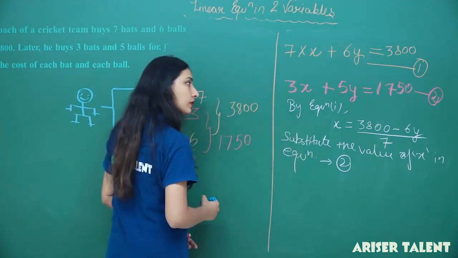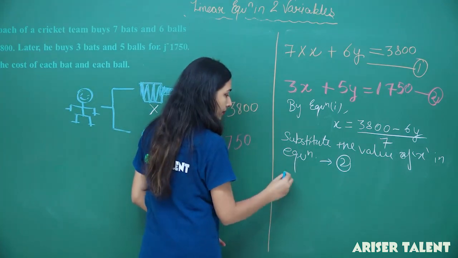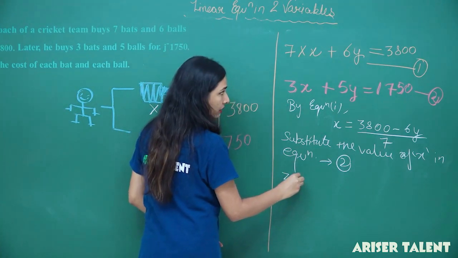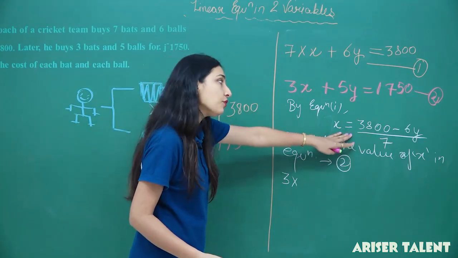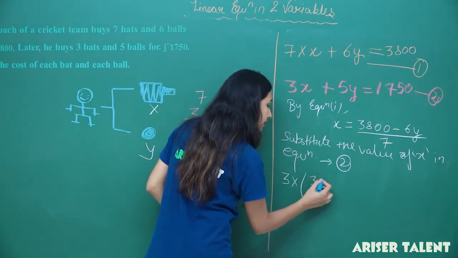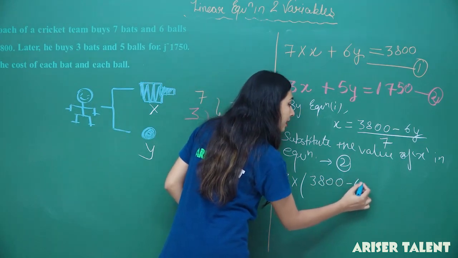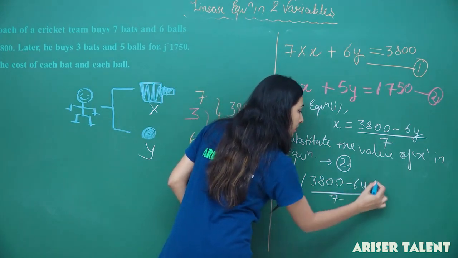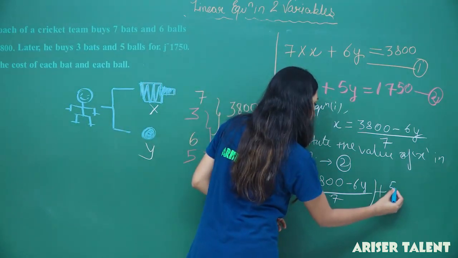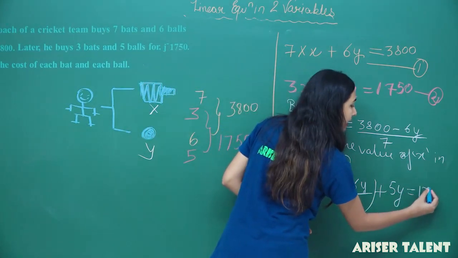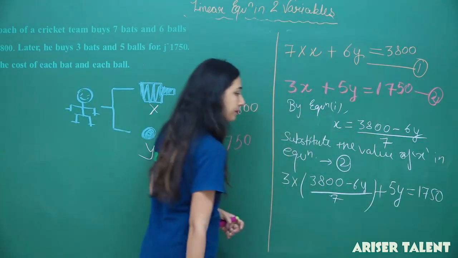Now that will become 3 multiplied by (3800 minus 6y) by 7, plus 5y. So the complete term became in terms of y.